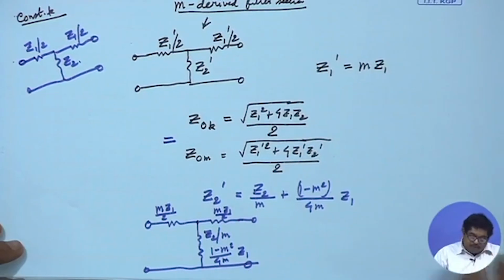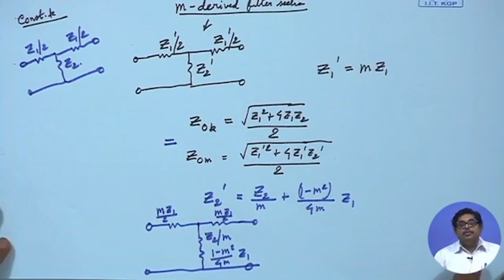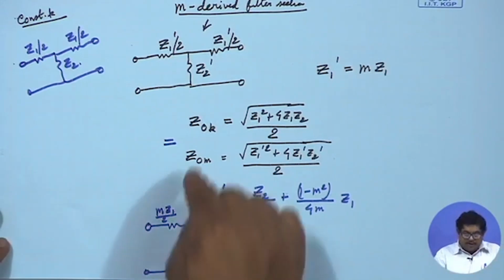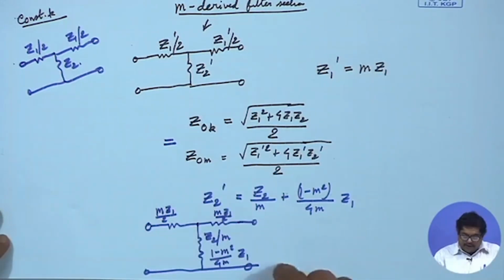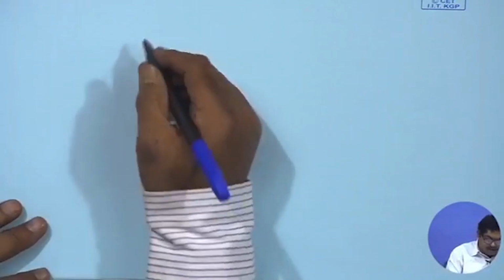So, we have seen the characteristic impedance. Now, we already know that a filter has two fundamental characteristics: one is the characteristic impedance, and the other is the propagation constant. Let us see what happens to the propagation constant in this case.